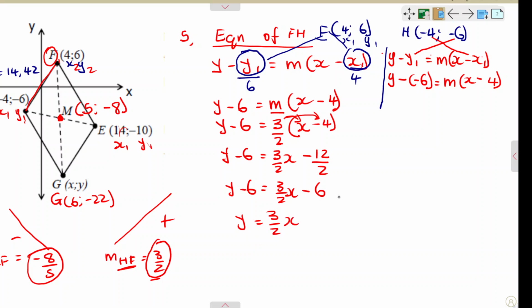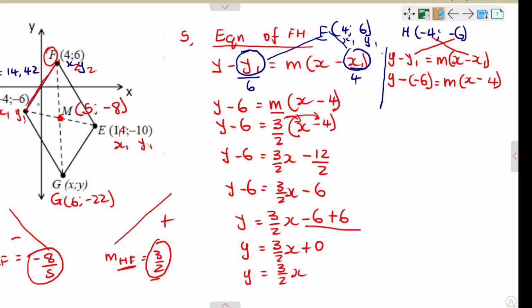If you take this negative 6 to the other side, I'm going to have negative 6 plus 6. When you take it to the right, it's going to be positive. So the final answer now is y equals 3 over 2x plus 0, because negative 6 plus 6 gives me 0. So the final answer for the equation of this line is 3 over 2x.